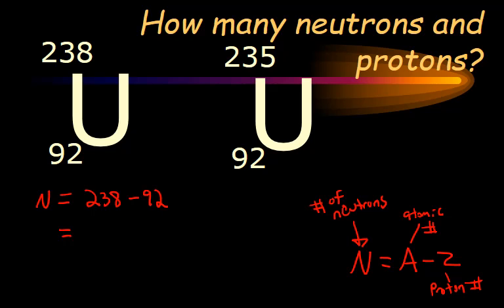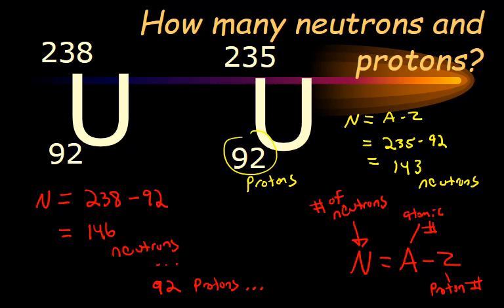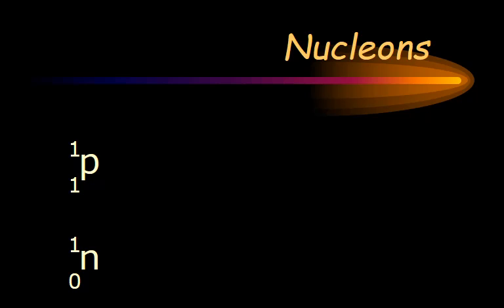Pretty straightforward. 238 minus 92 gives 142 neutrons and 92 protons for uranium-238. For uranium-235, 235 minus 92 gives 143 neutrons. Just those 3 neutrons make a huge difference in the stability of this nucleus, and that's going to be very significant as we move forward.